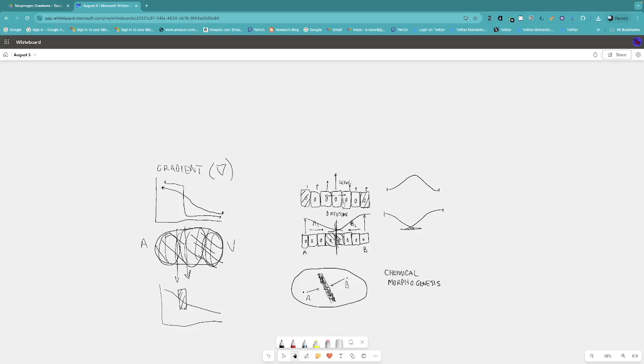I guess another way to put that is that there's no way to say, because the cells have a specific position, that there's something in the genome that codes for this gradient. The gradient is external and affects the expression of genes in a way that is dose dependent.